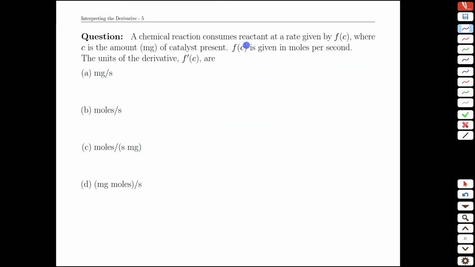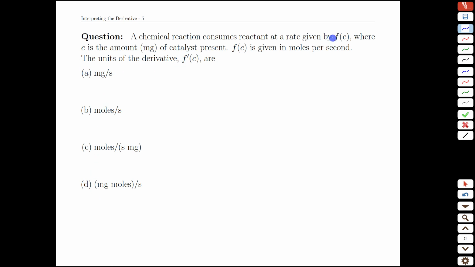Last but not least, let's take a look at an example more from the science side. Imagine a chemical reaction consumes reactant at a rate given by F of C, and that F value would be in moles per second. So F of C is already a rate. And the C value that it depends on is the amount of catalyst that is present. So think about that for a moment and think specifically about what the units of this derivative would be.